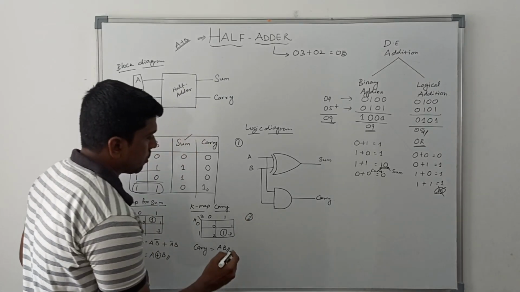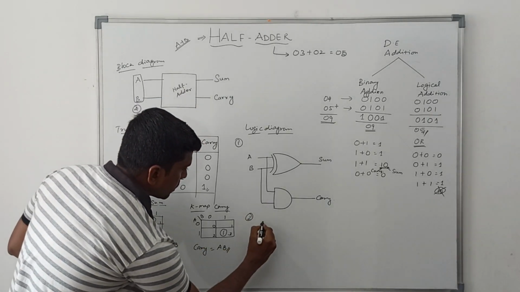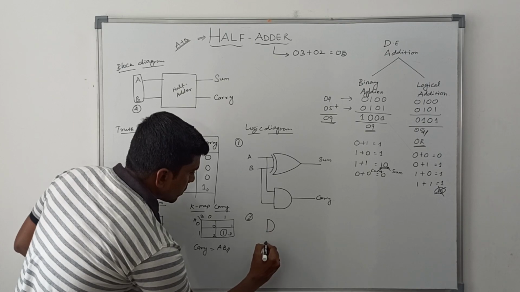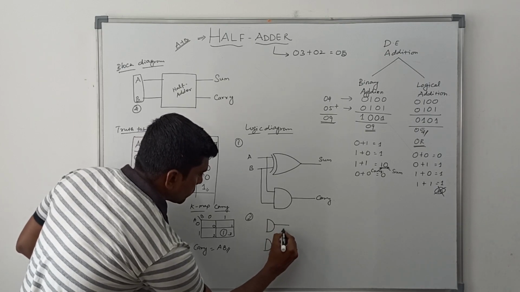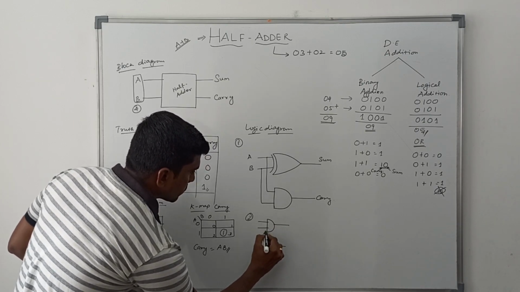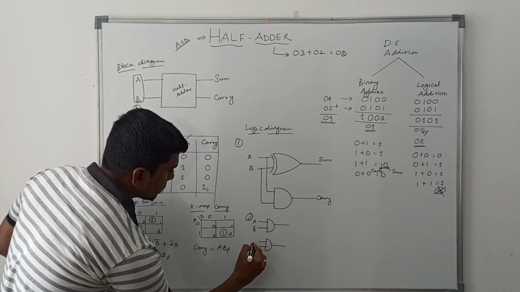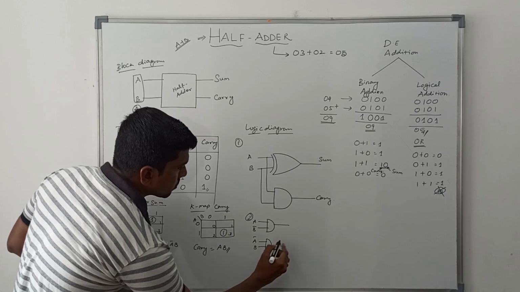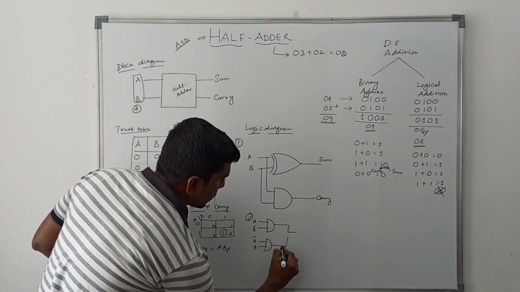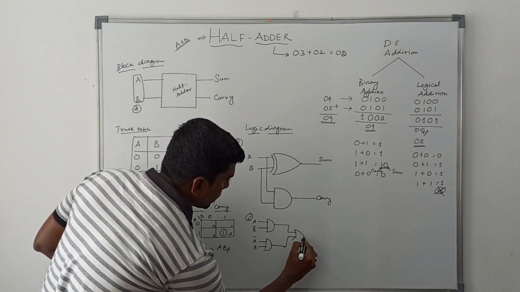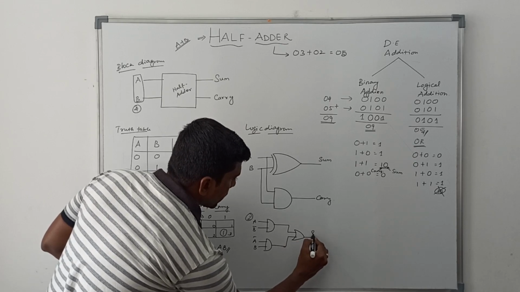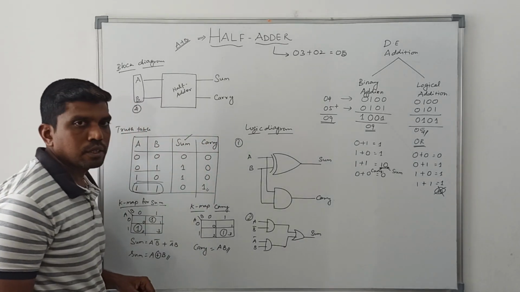Then the alternate diagram for the half adder circuit, using two AND gates for sum. The inputs are A B bar and A bar B. The two AND gate outputs are connected to the inputs of an OR gate. So here you get the result, sum.